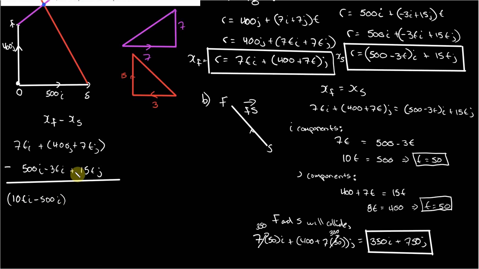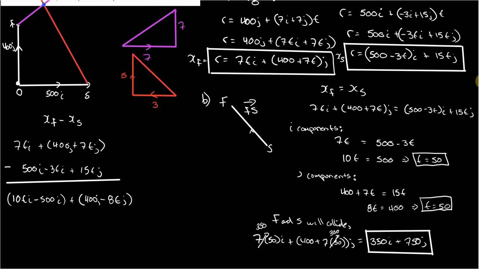And now for the j components, 400j minus 0, so it's just going to be 400j, and then we have 7tj minus 15tj, so it's going to be minus 8tj. So you have to be very careful when you subtract.